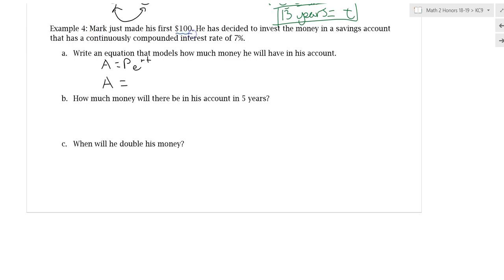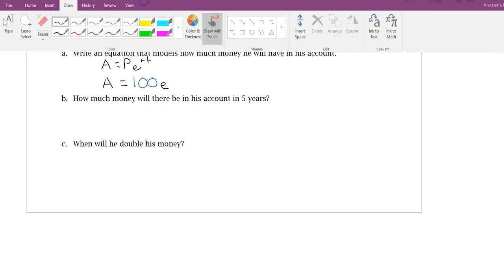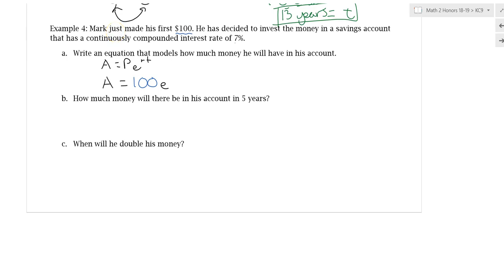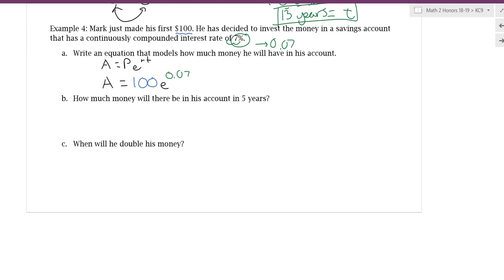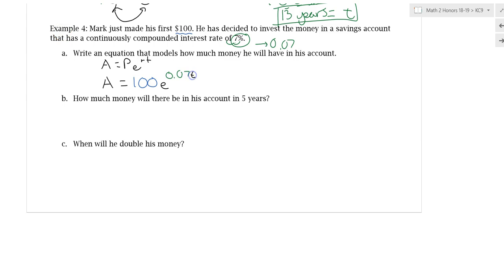He made $100. E is just the letter e. R is our rate of 7%. Again, moving that decimal, that's 0.07. And then t, right? T is another variable. Okay, so really the only things you're putting in is P and r when you're making these equations.